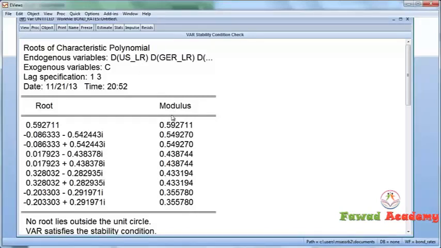And what we are looking at here is the absolute value. We may have complex roots. What we are interested in is the modulus, which is sort of the absolute value of a complex root. They are all smaller than 1, all inside the unit circle. That means this system is stationary. So there's no problem with non-stationarity.